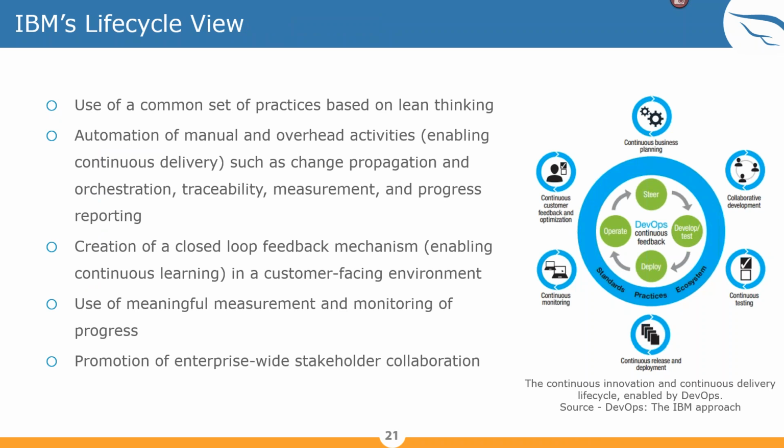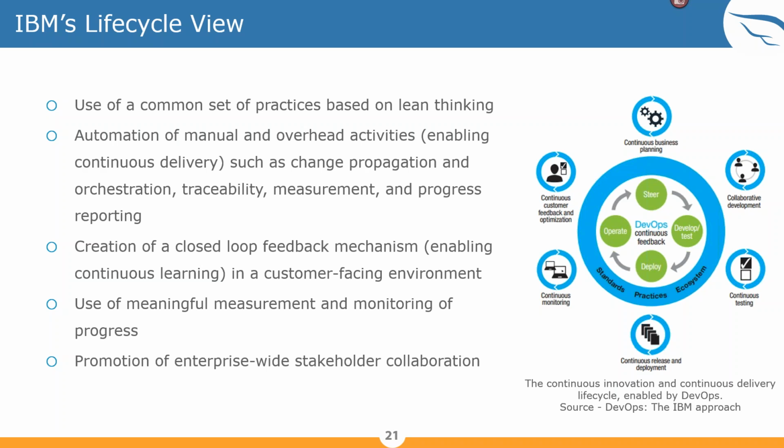So just to contrast and show you one example, from the IBM perspective, here is their lifecycle view. If you look at that circle within the circles graphic there, they're talking about these four concepts: steer, develop and test, deploy, and operate. And you sort of loop through that cycle.